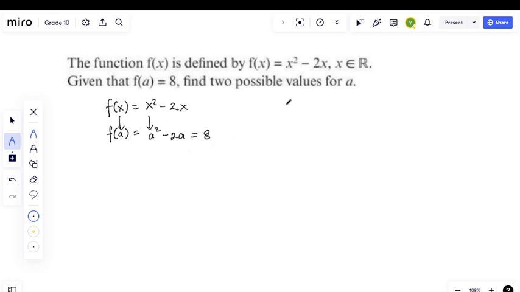Nah, berarti kita punya a kuadrat min 2a sama dengan 8. Nah, ingat lagi tadi yang di the beginning of this video we talk about quadratic equations. Bedanya apa sih, Mister, quadratic equations sama quadratic functions? Quadratic equations itu bisa dicari penyelesaiannya, ya. Only the solutions is gonna be specific, ya.